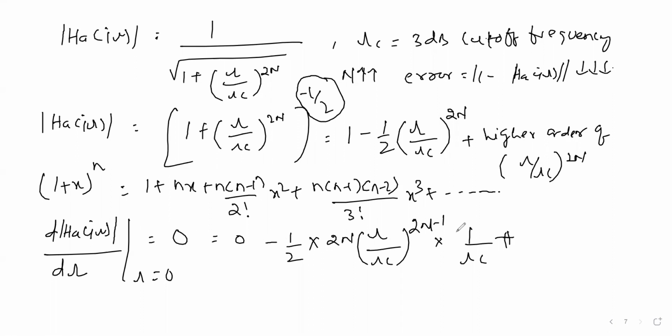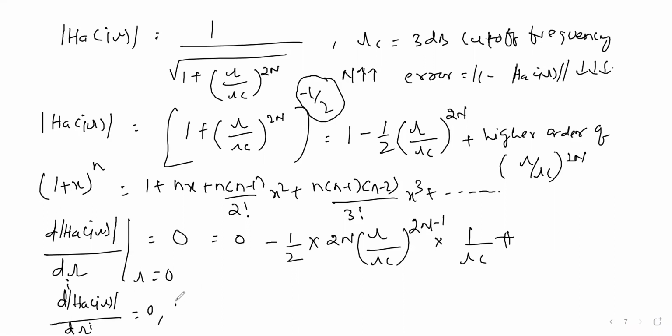Clear? So similarly, up to what value will you go? My point is here. If I do the differentiation like this, d^i H(j omega) by d omega^i, I times I am going for the differentiation. Then for how many differentiations will we get a constant value?